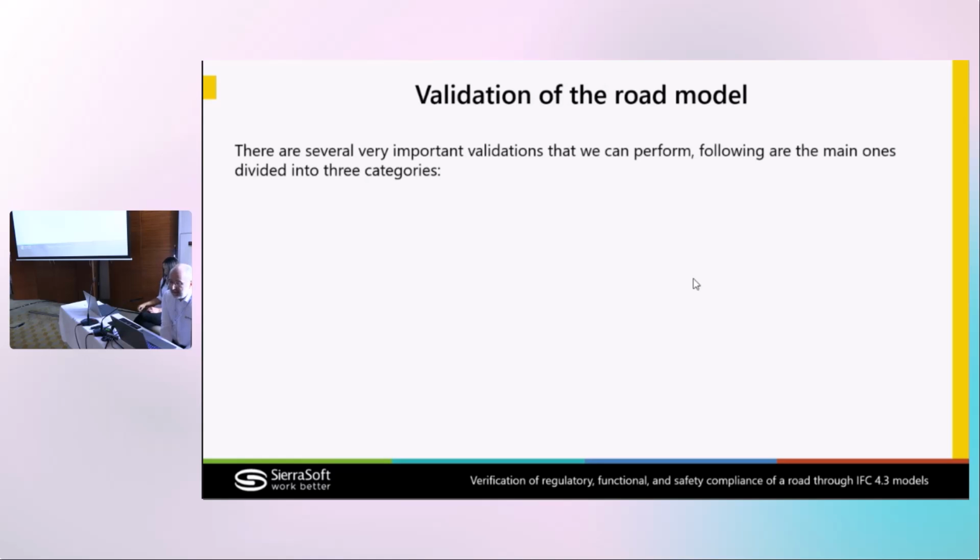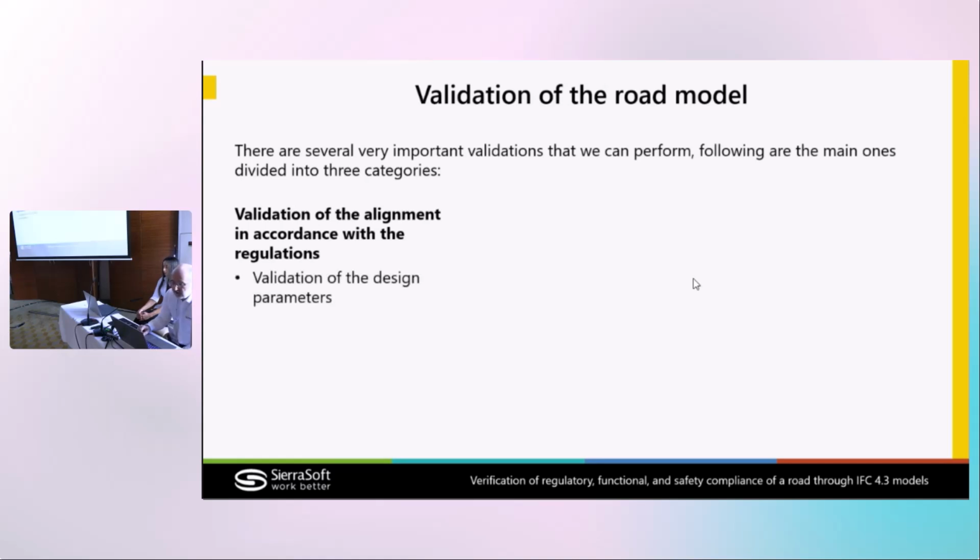There are several very important validations that we can perform. Following are the main ones, divided in 3 categories. The first category includes checks to verify if the road has been designed correctly and complies with the standard. It includes 4 validations: validation of the design parameters, validation of the horizontal alignment, vertical alignment, and side distance analysis.